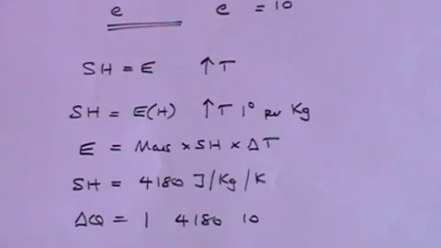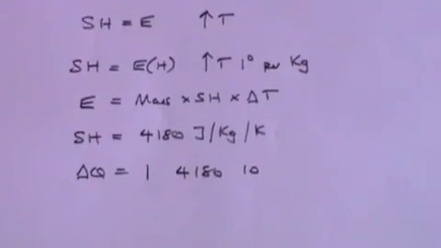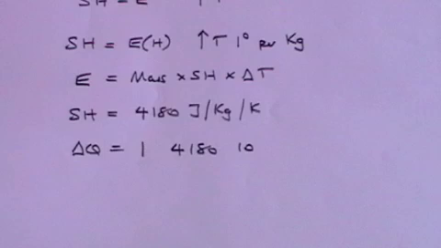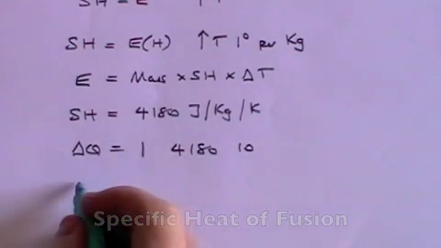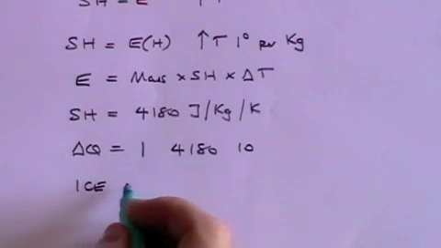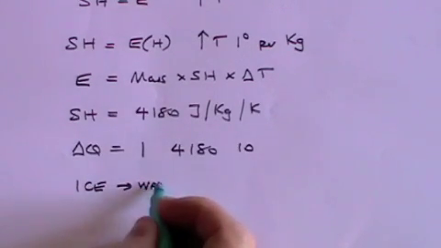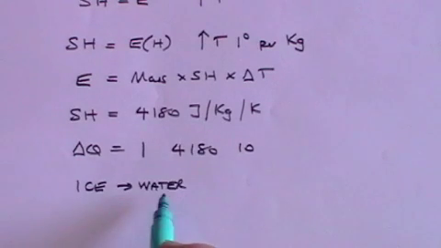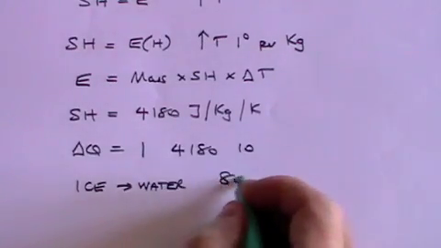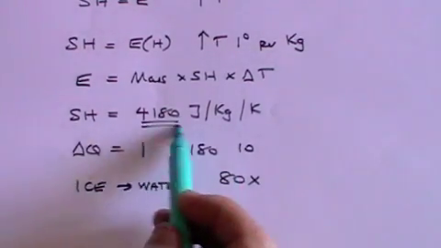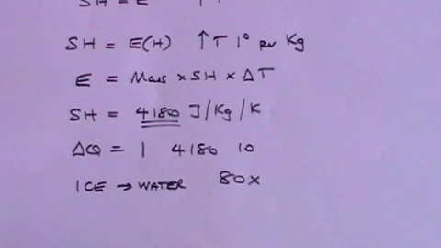Suppose you have ice and you want to convert it into water, then that's called the specific heat of fusion. And to take 1 kilogram of ice and to convert it into 1 kilogram of water, both at the same temperature, both at 0 degrees Celsius, you need 80 times that specific heat.